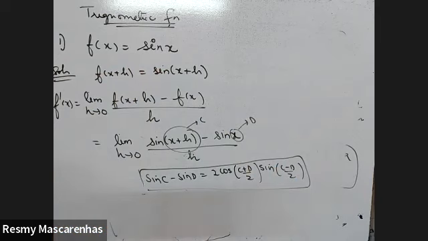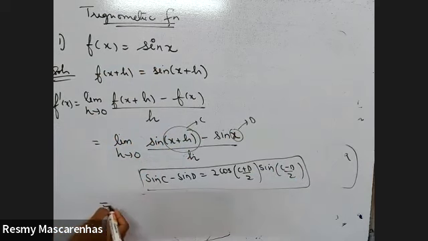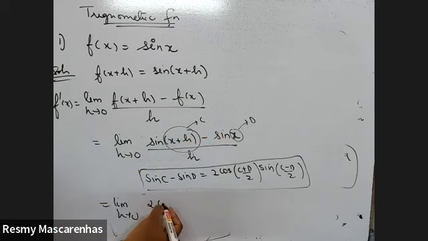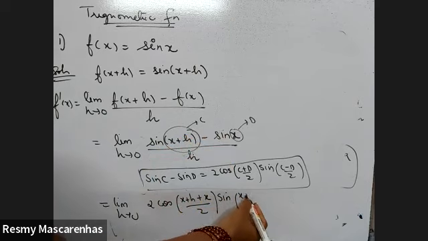Sin c minus sin d formula. So c value is x plus h and d value is x. Use the formula. So sin c minus sin d is equal to 2 cos of c plus d by 2 and sin of c minus d by 2.